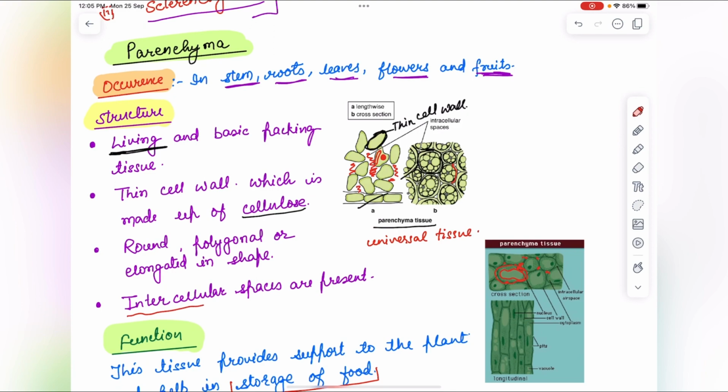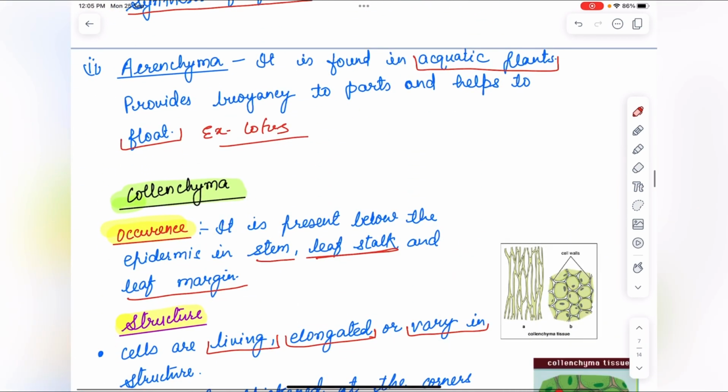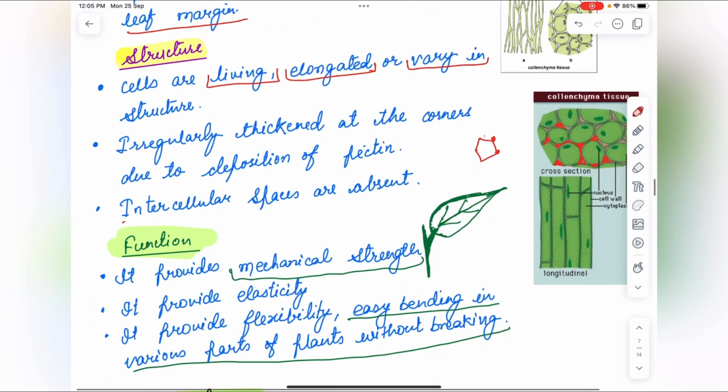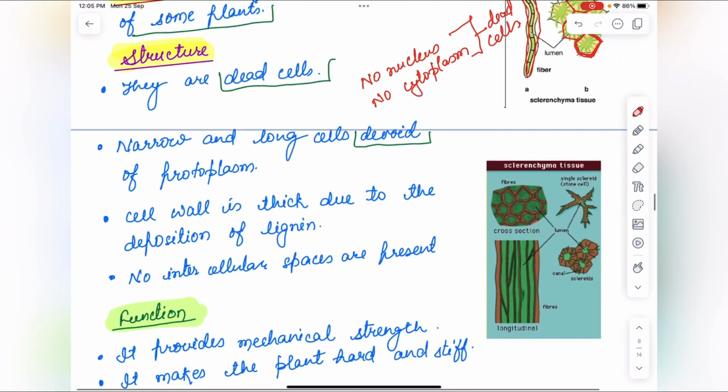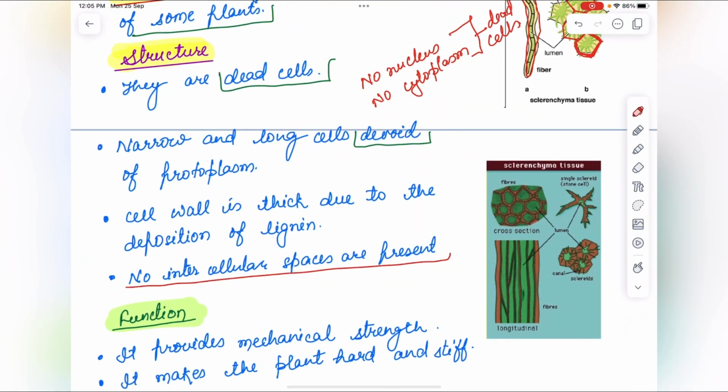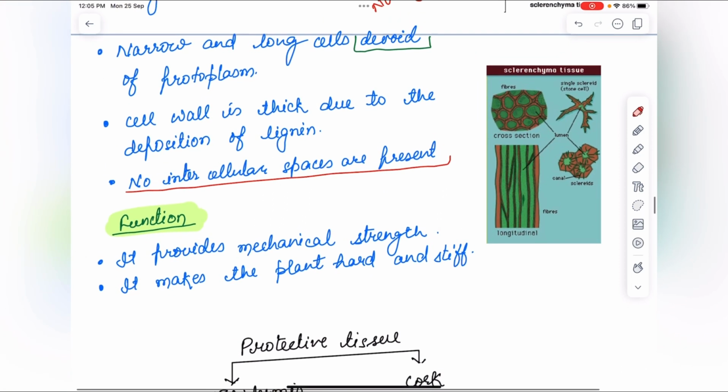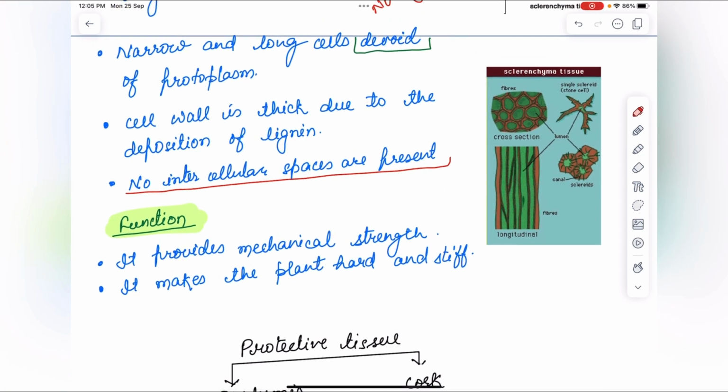Here in collenchyma they are absent, and in sclerenchyma also no intercellular spaces are present. Now we'll see the function of this sclerenchyma. It provides mechanical strength because lignin makes it very hard and stiff. So it provides support, and it makes the plant hard and stiff.